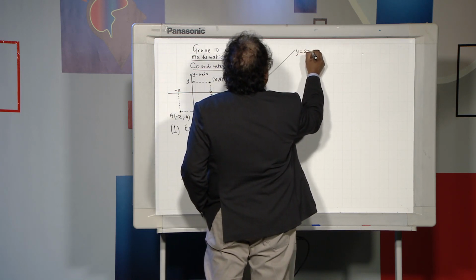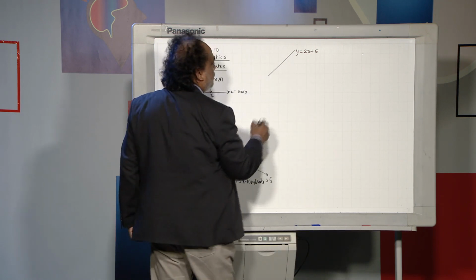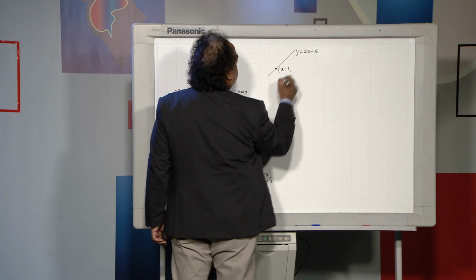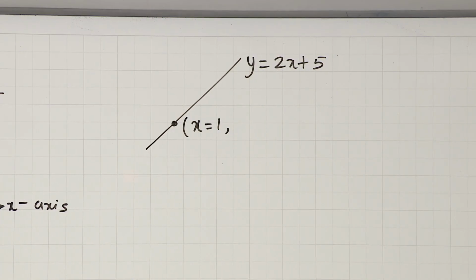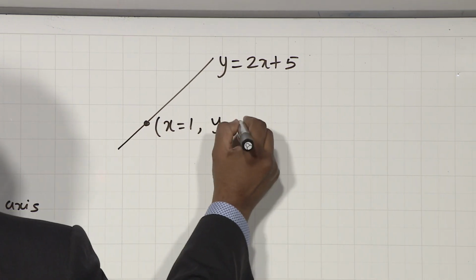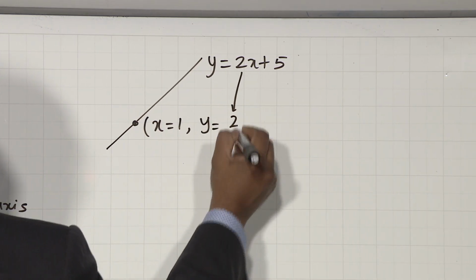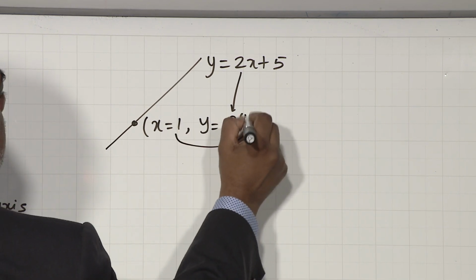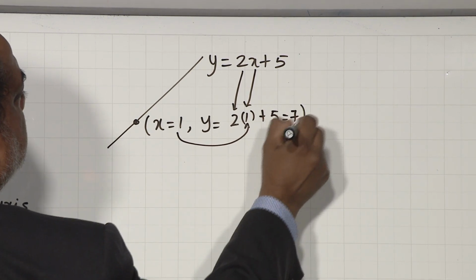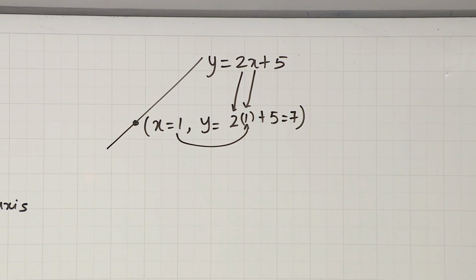Now, the question is, this is the equation of the line y is equal to 2x plus 5. If I take x to be 1, can you tell me what is y? What will be its y-coordinate? Its y-coordinate will be equal to 2 times its x-coordinate plus 5, which is 7. So, if I give you the x-coordinate, you can easily know what will be the y-coordinate.